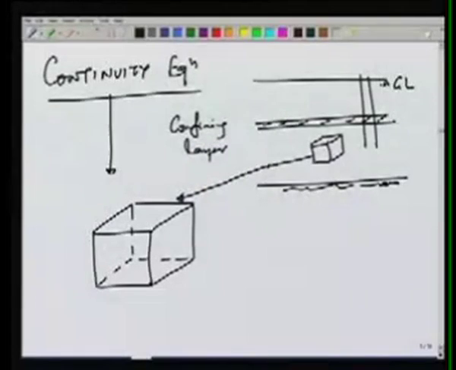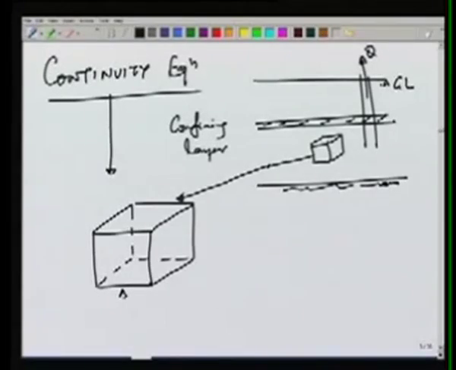For example, if you are pumping from a well, then the piezometric head will be symmetric about the well in the radial direction, and there we may be better off using a radial coordinate system. But let's start with the Cartesian coordinate system.